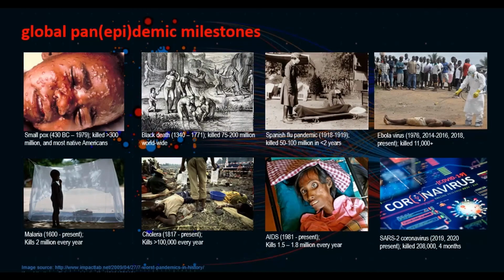Since 2000, we have seen a large number of new types of infections. For example, SARS in 2003, swine flu in 2009, MERS, which is Middle East respiratory syndrome, in 2012, and then Ebola re-emerged recently.